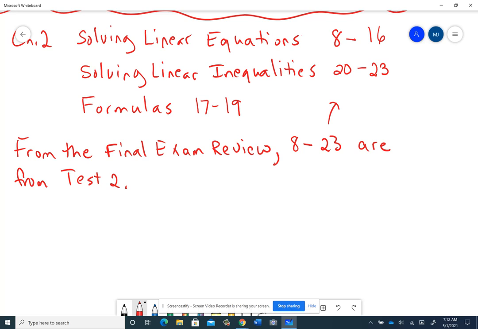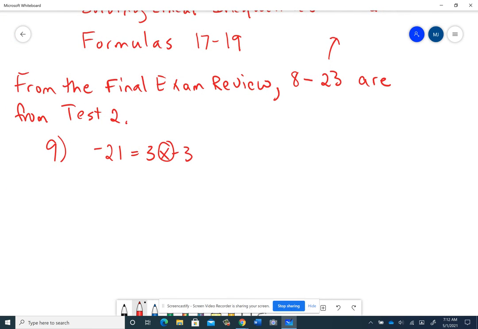So when you have a problem like number 9, that's a pretty straightforward one, except that the variable you're trying to get by itself is on the right-hand side. That's a problem where sometimes you make the mistake about what to do first. Like people will do things like add 21, but you really should be focused on getting x by itself.